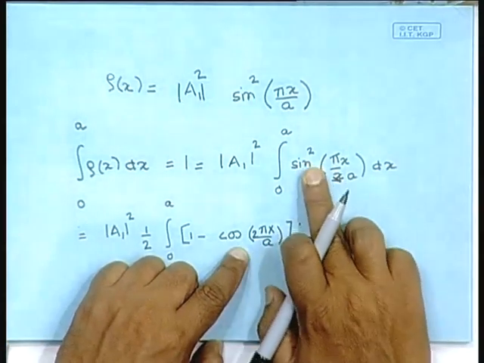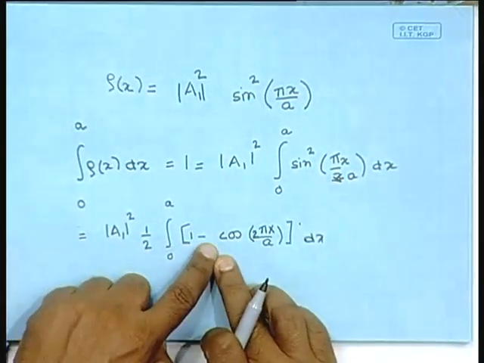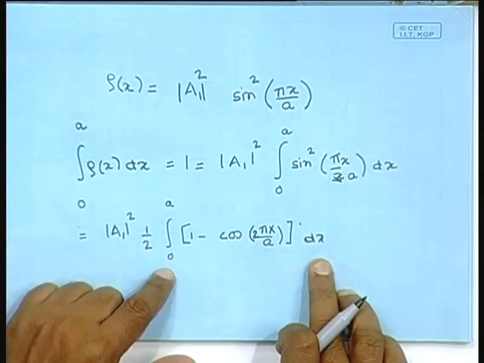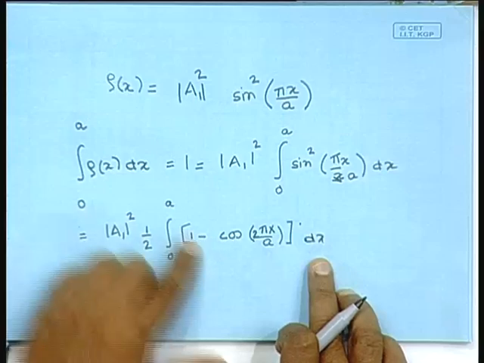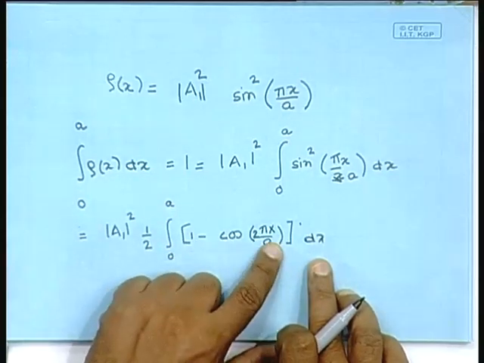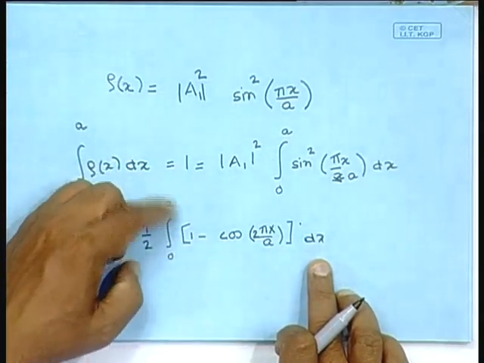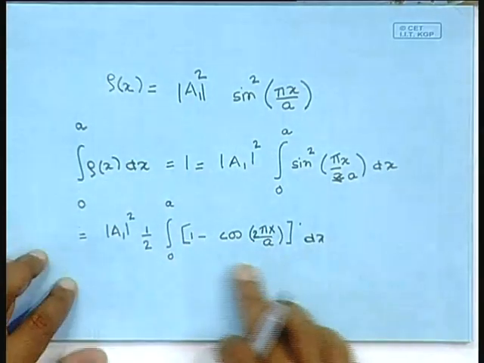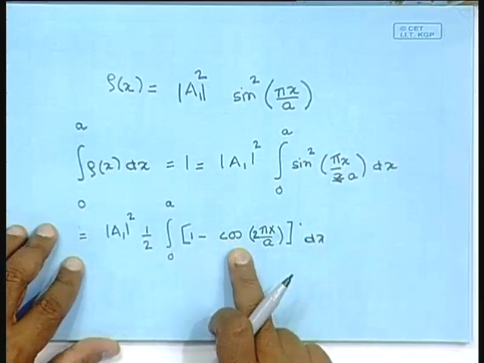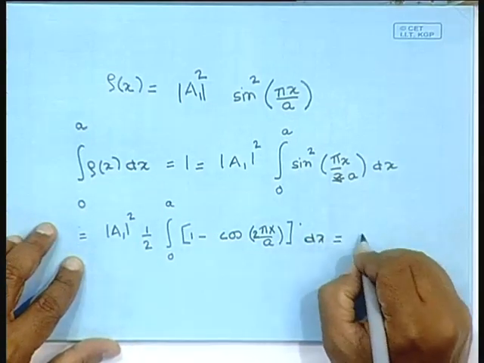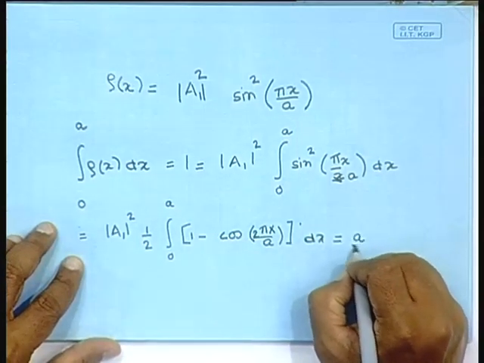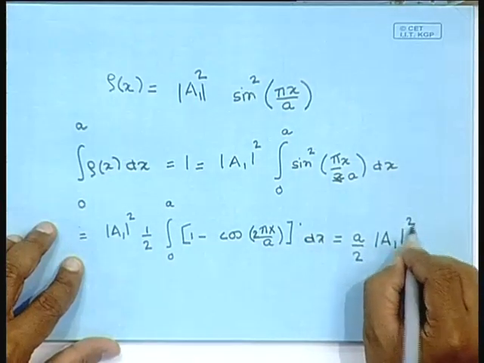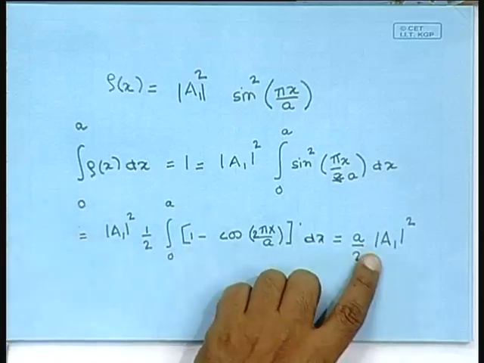So this is mod of a1 square, times half, integral from 0 to a of 1 minus cos 2 pi x by a dx. The first term gives me a, the second term gives me 0, because 0 to a is the full period for this function, and cos integrated over a period gives me 0. So, this is equal to a by 2, the length by 2, into the mod of a1 square, and this should be equal to 1.